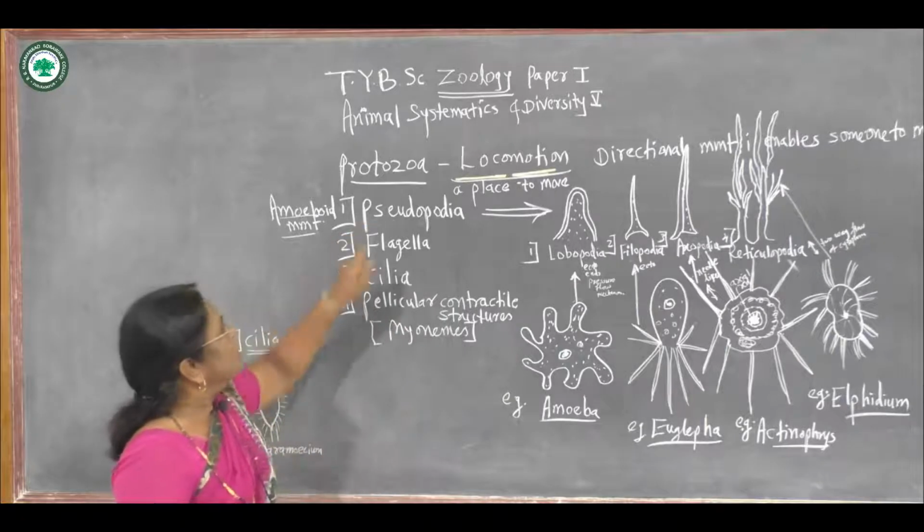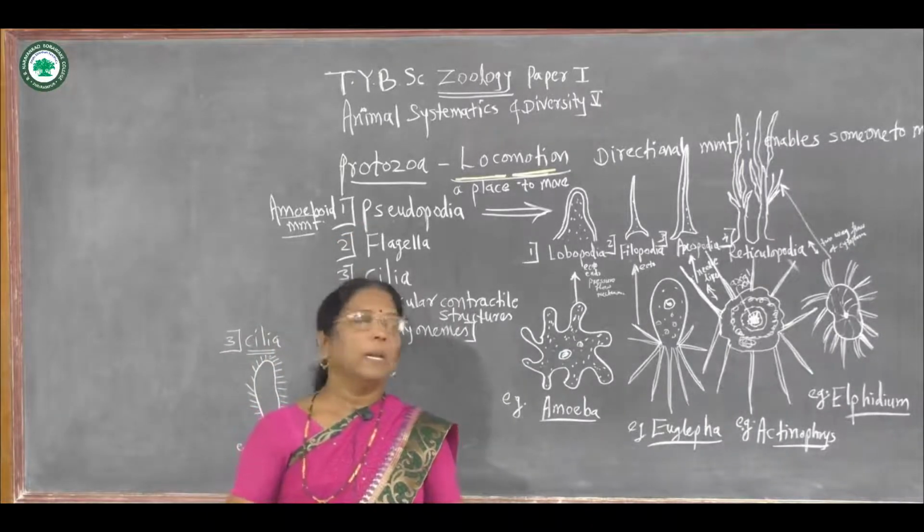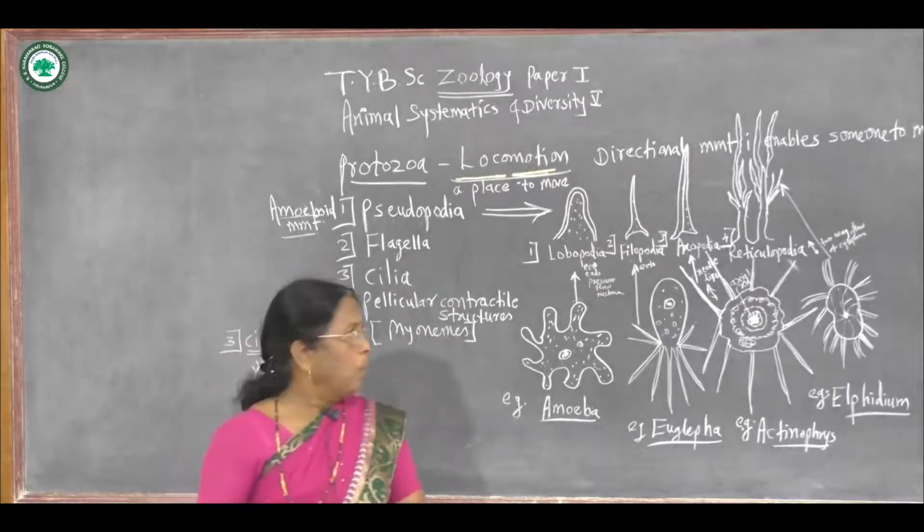This is the first locomotor organelle found in these animals, and it is called amoeboid movement.